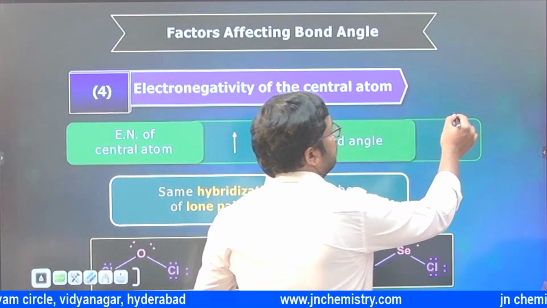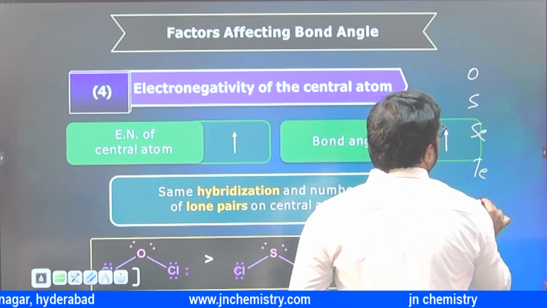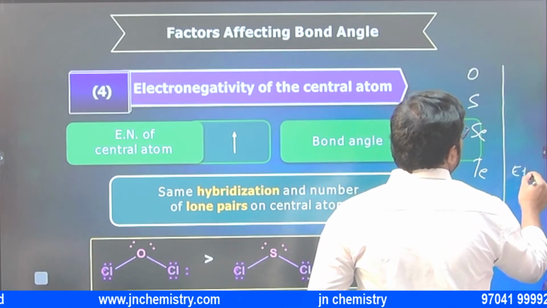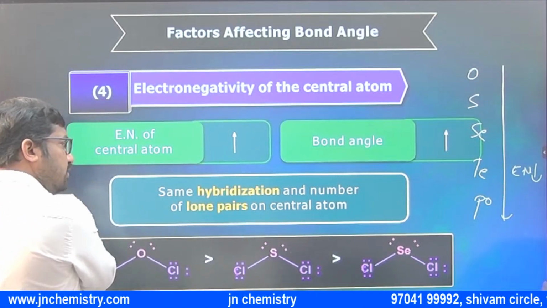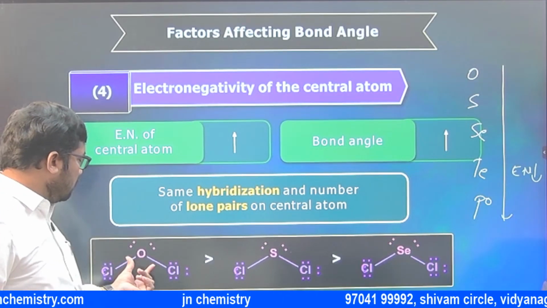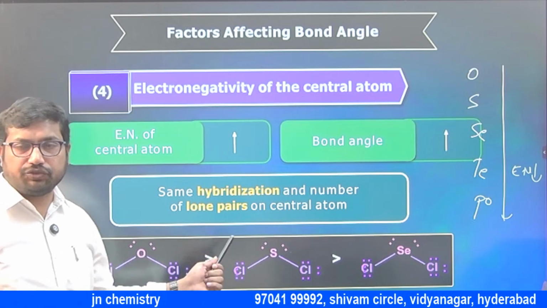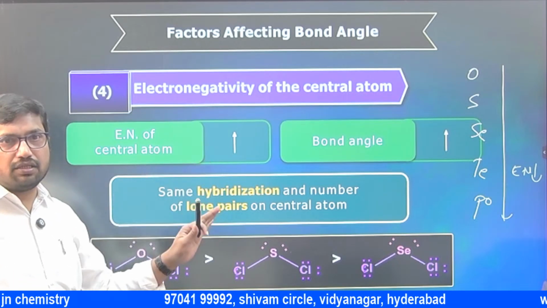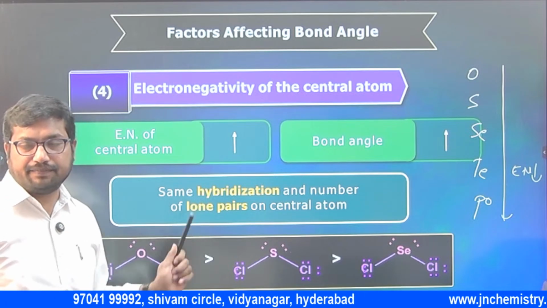Oxygen, sulfur, selenium, tellurium, polonium, like this. Top to bottom, what happens to electronegativity? It decreases. So that's the reason: same hybridization, same number of lone pairs. This type of question they frequently ask. Generalized statements a lot of people know, but this type of question a lot of people miss.